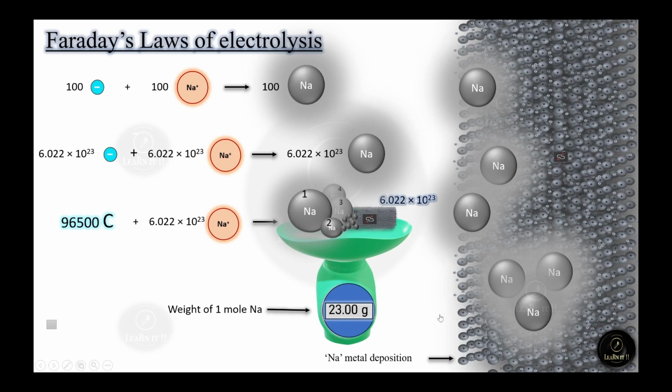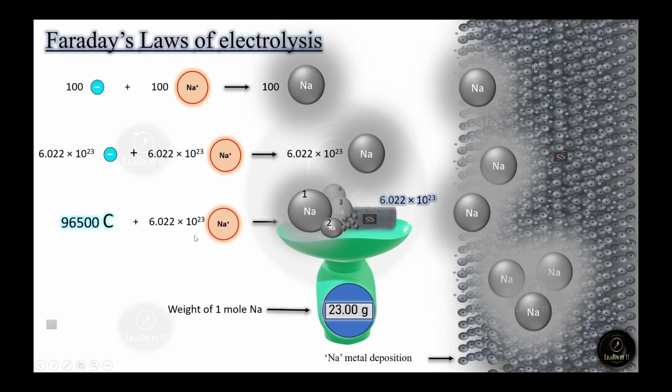If we provide 96,500 coulombs of electricity, we get 23 grams of sodium deposited on the cathode. If we don't provide any electricity, there will not be any deposition. So this is a non-spontaneous reaction because it is not happening by itself. And we are providing 96,500 coulombs, so we are getting 1 mole of sodium.